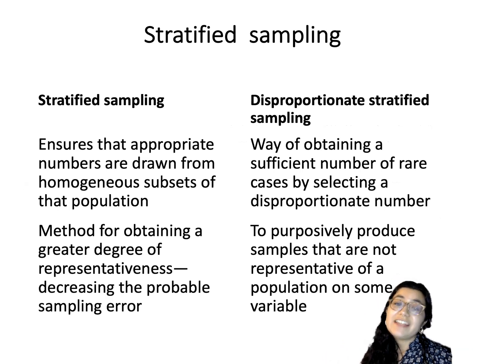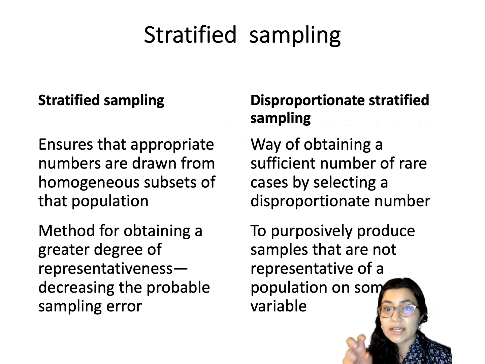And so stratified sampling ensures that appropriate numbers are drawn from homogeneous subsets of that population. So, the example I was talking about of college student populations in general, we could ensure that we have an understanding of standard error if we understand the larger student body population and then sample to get a certain amount of each of the populations that we're working with.